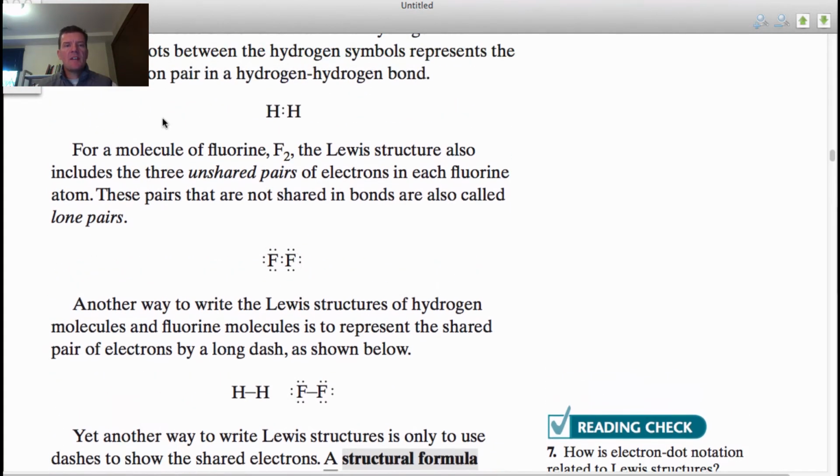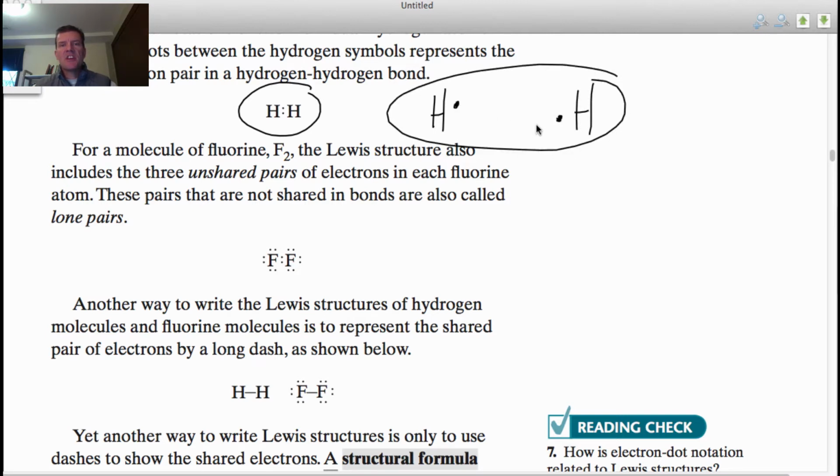So here you have a molecule of hydrogen. Hydrogen has one valence electron, and another hydrogen has one valence electron. They come together and decide to share one of their valence electrons, so now they both can count that pair of shared electrons as one of their own. So each hydrogen has two, and they're both happy.